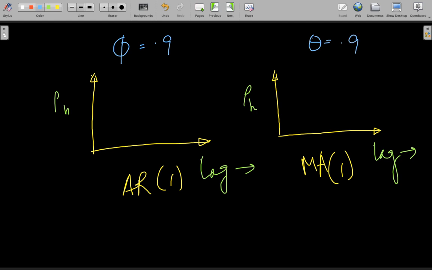Now let us plot the ACF, or the autocorrelation, the correlation coefficient for different values of lag. Now what will happen for this one? We know the value here is nothing but phi power h. That is the value we get.